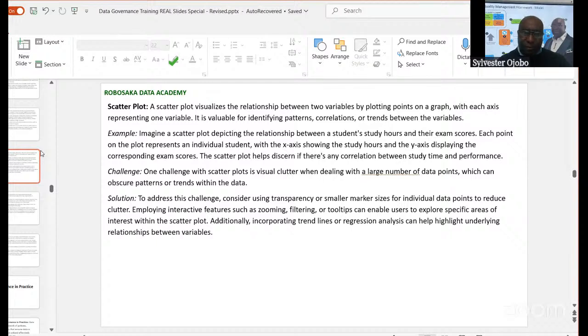Otherwise, you will not get transparency in them, and there will be a salient misrepresentation of what is expected of us to know. Each of those points needs to be well represented. And you can also use annotation. That is very important to describe each of these points so that it will be easy to interpret.